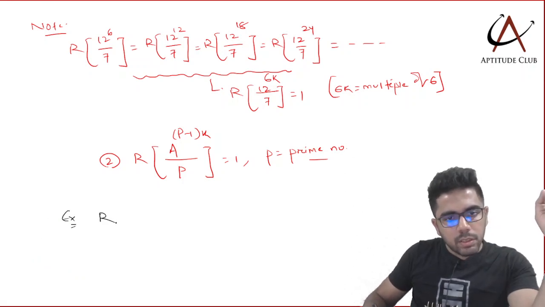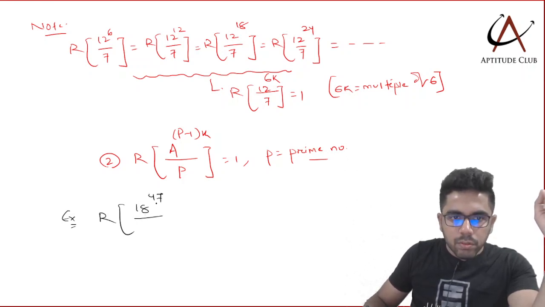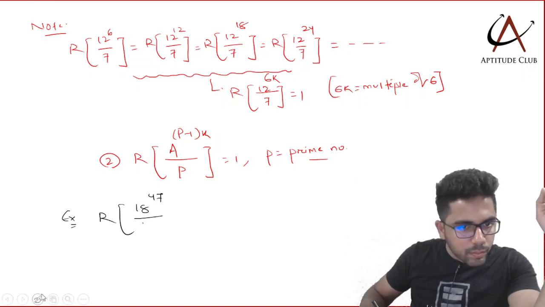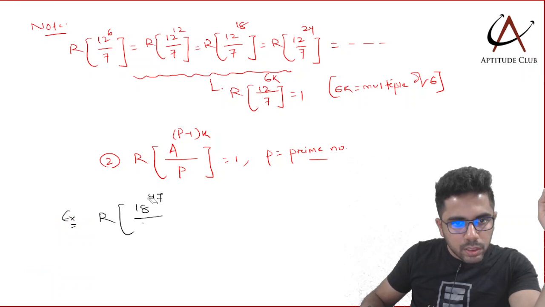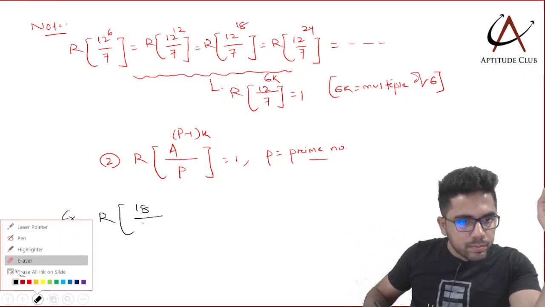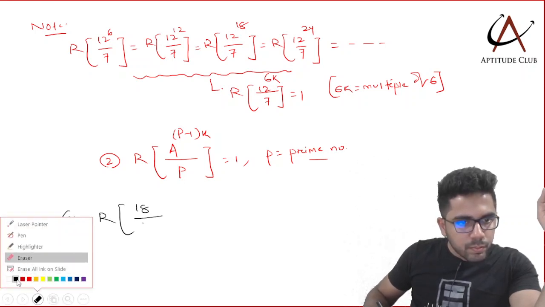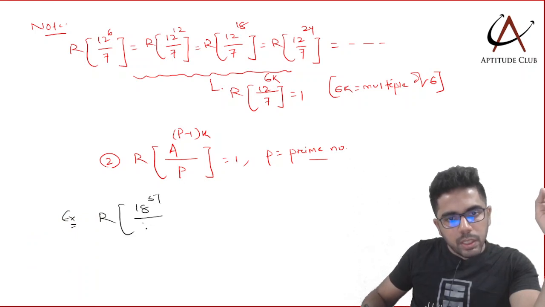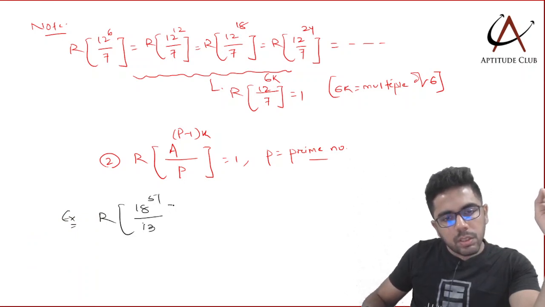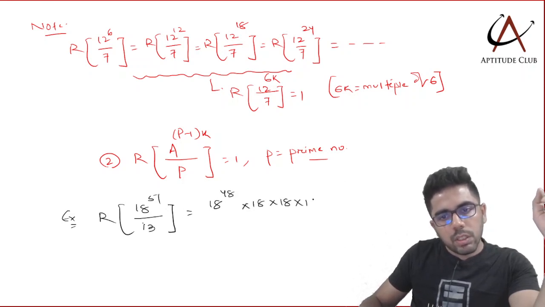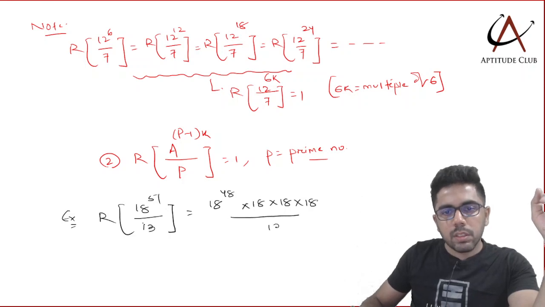Suppose I say find the remainder of, not 47, let me take it as 18 to the power 51 divided by 13. So I'll break it in this way: 18 to the power 48 into 18 into 18 into 18, divided by 13.